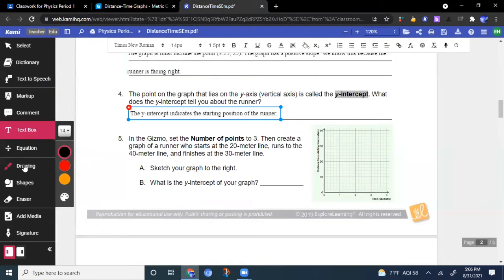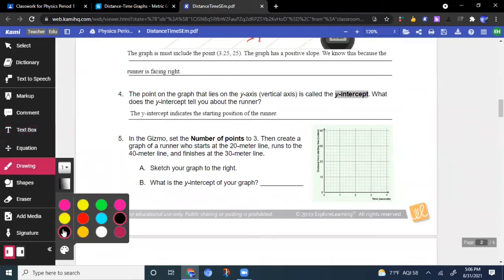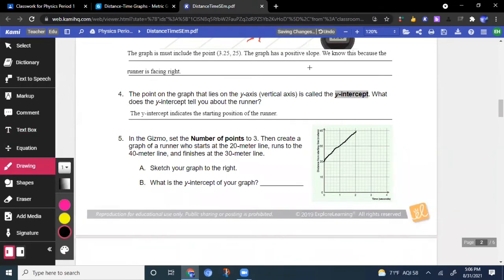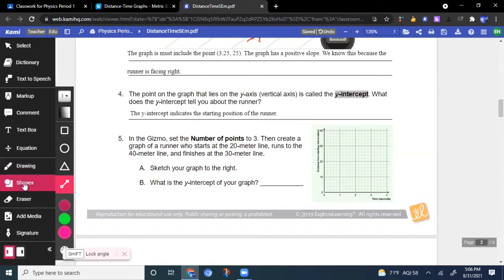We can use the Camtasia editing tool to put this in here. So we're going to draw a line from, actually, undo that. Better if we put a shape in there. So I'm going to put in a line from 20 to 40.